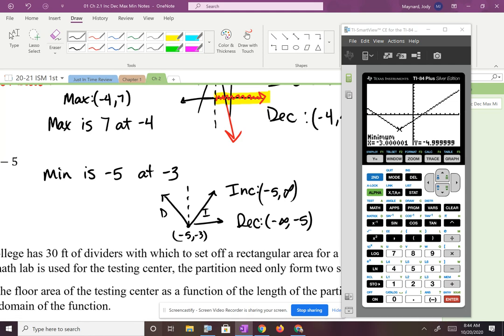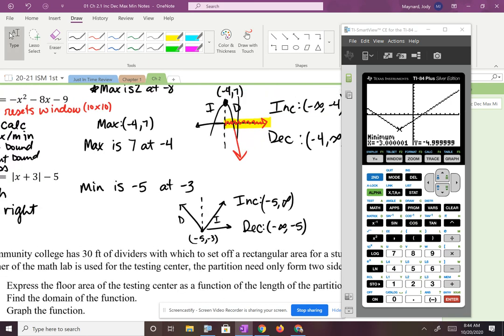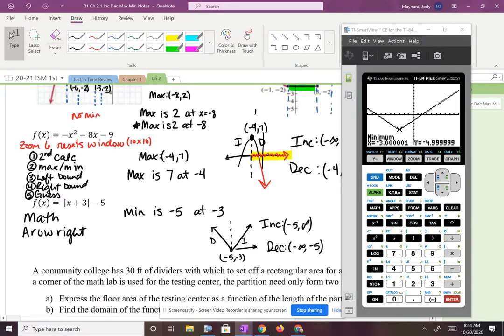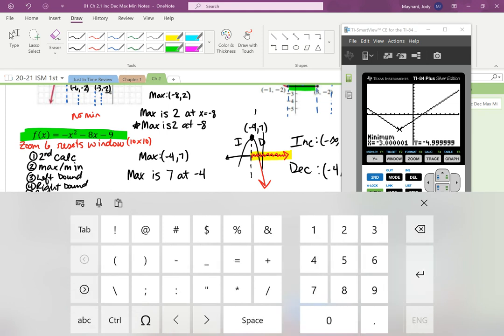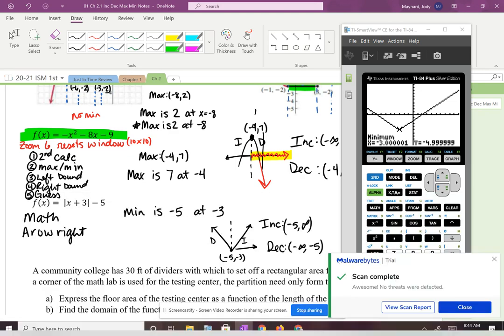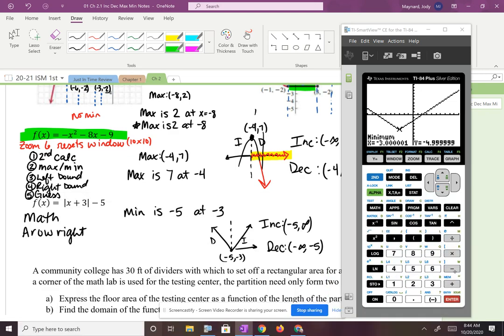Okay, so I've had some people ask about the previous problem. So I need to address something in these notes right here. Make sure that if you're using the keyboard on your computer and you use this for a minus sign, it might give you an error, okay? Because right here, this is the actual negative sign on the calculator.